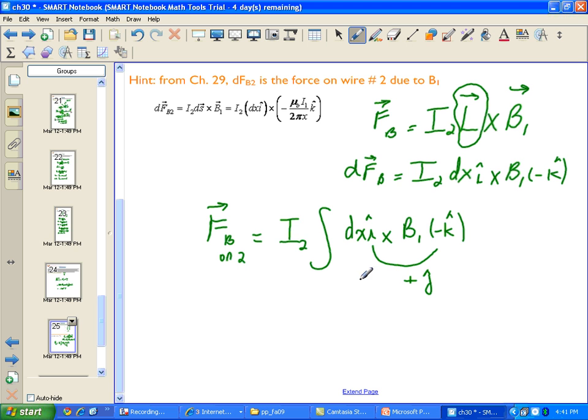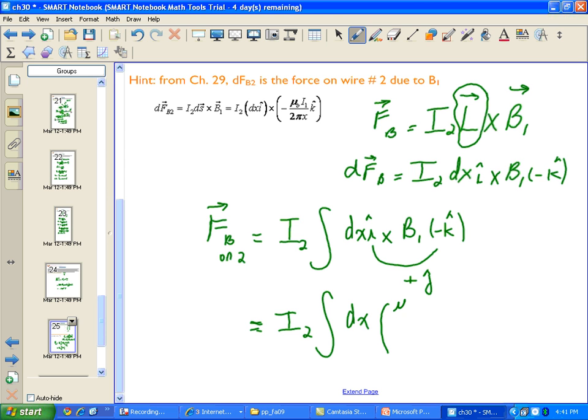And so in this case here, the magnetic force will be in the positive j hat direction, and we can go ahead and write down now the magnitude of dx times b1.